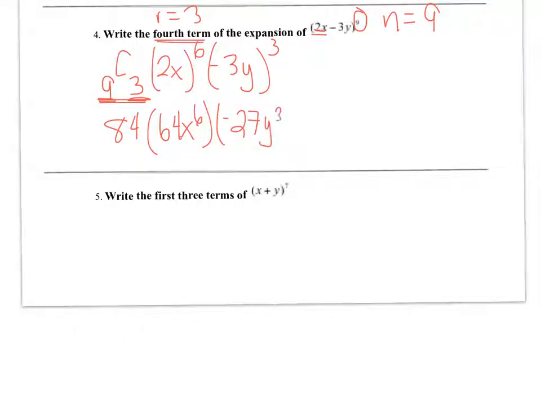Y to the 3rd power is just y cubed. We need to then multiply these 3 terms together. So multiply your numbers, and then if you had common bases, you would add your exponents. So 84 times 64 times negative 27 is this huge number.